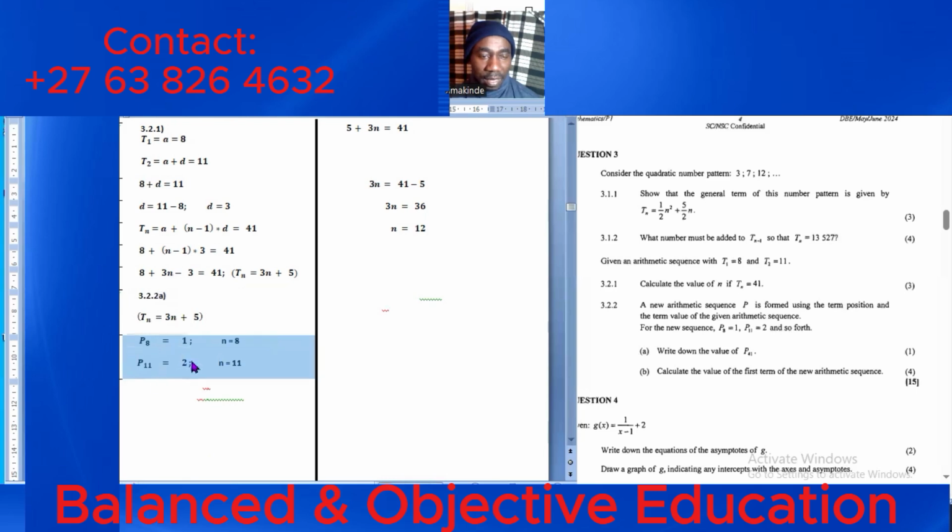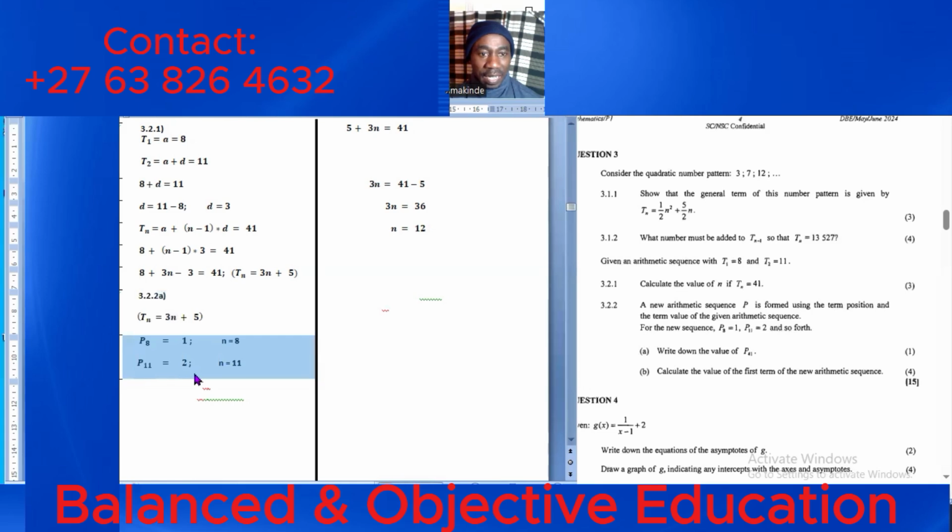So you can see here that this is P8, that is the 8th term, equals 1. How you solve this is, if you substitute 8 into this place, you will get an n value of 1. If you substitute 11 into this place, in place of Tn, you will get an n value of 2.